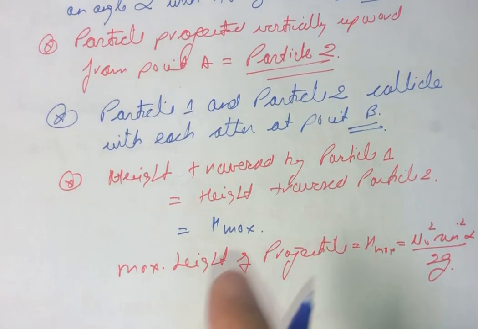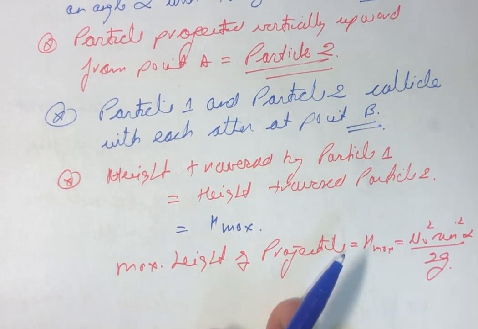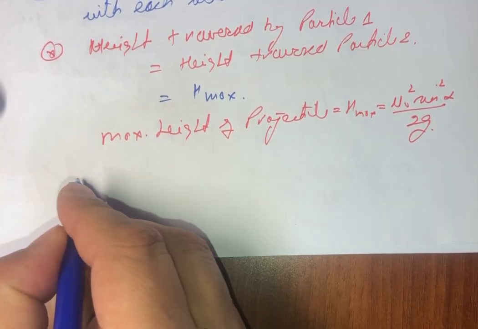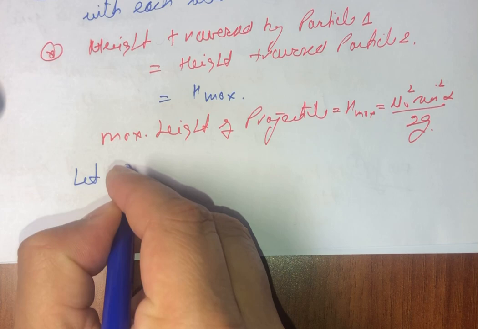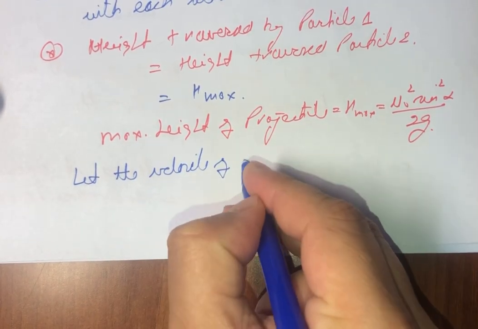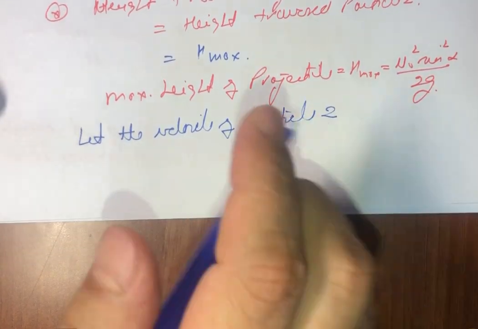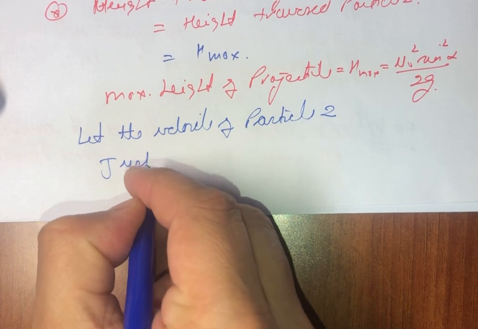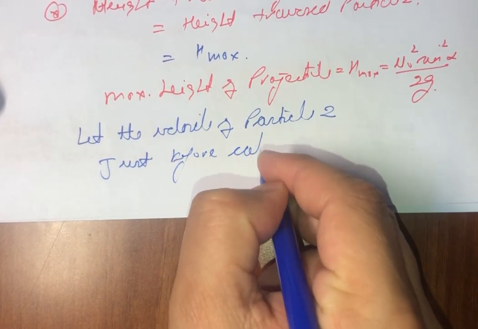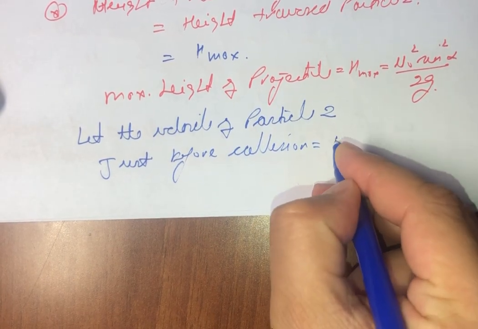Now it is said that both particle 1 and particle 2 meet at point B. Therefore, we say let the velocity of particle 2 just before collision be V2.